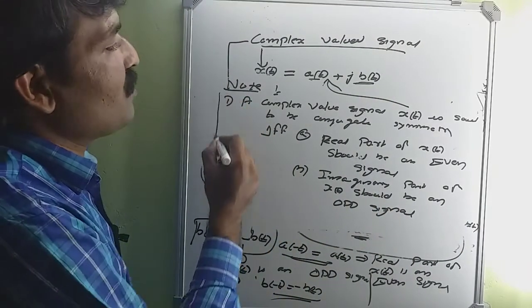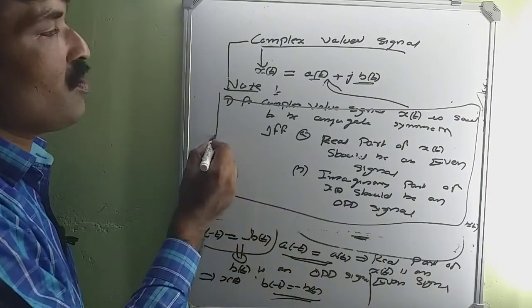So this is the condition for a signal to be conjugate symmetric.